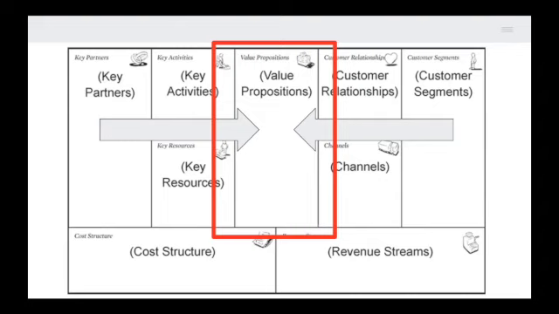It breaks it out into different segments so that you can understand and visualize the value that you as an organization provide, the specific customers that you may be interacting with, and what key partners you need in order to accomplish your mission.